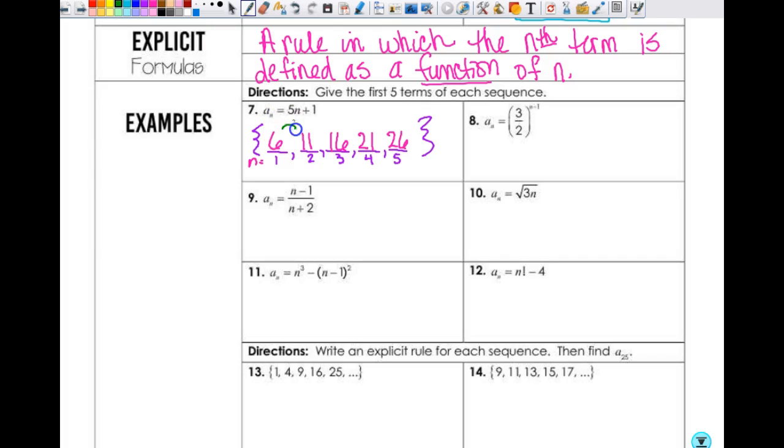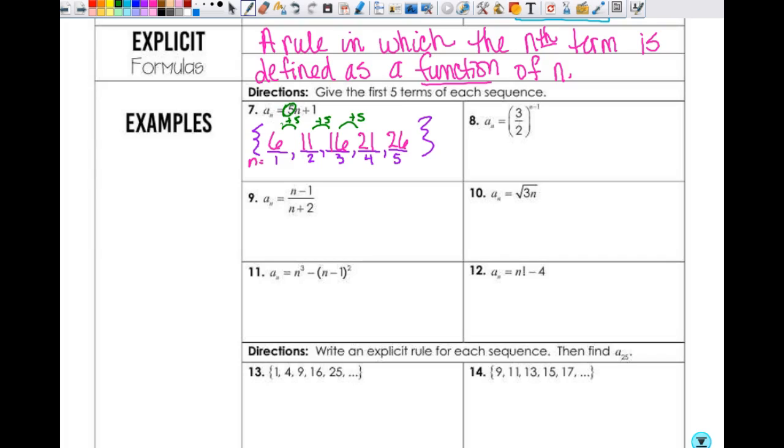But since this is plus 5, plus 5, plus 5, notice that that matches that number right there. Okay, that's going to help you write them in just a little bit, all right? So would n of 0 be 1? It's always greater than 0. It always starts at 1. The first term is always a sub 1.